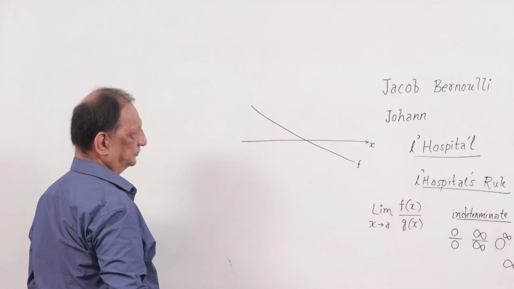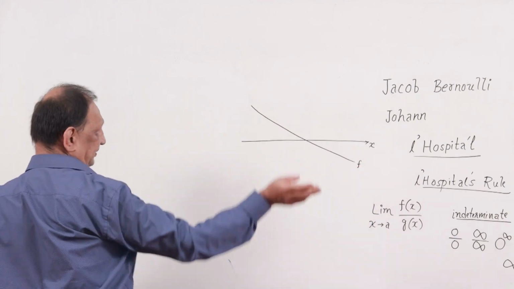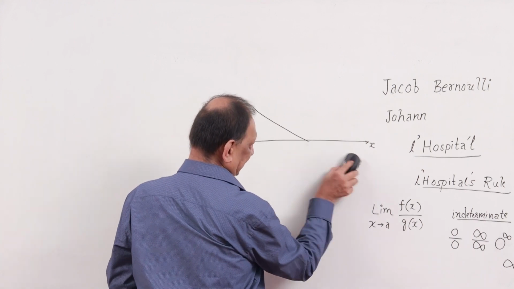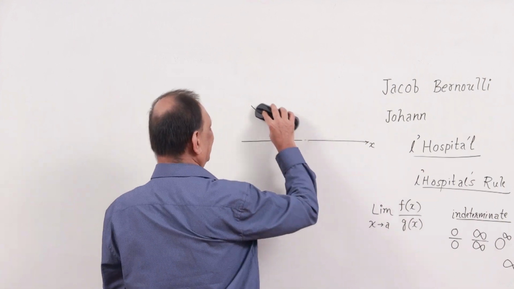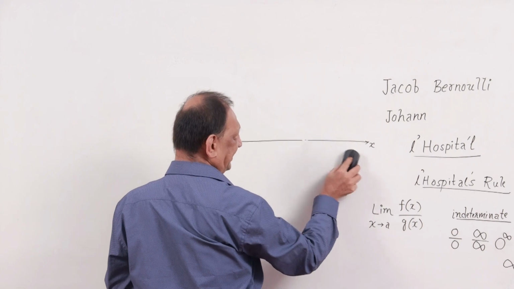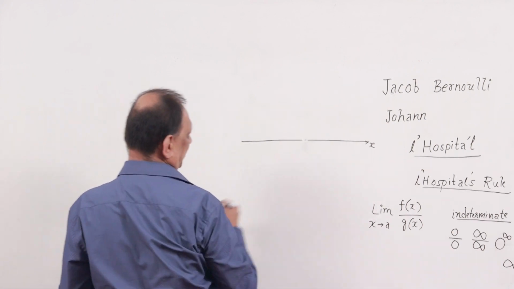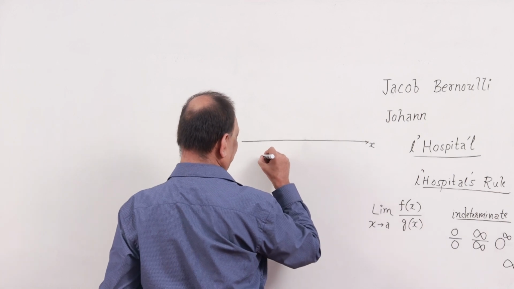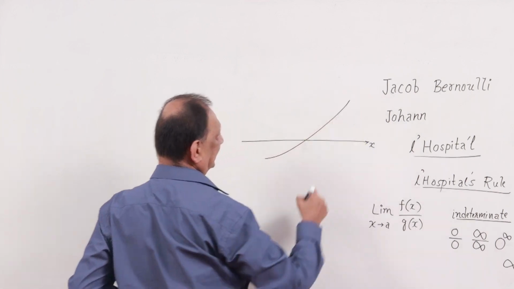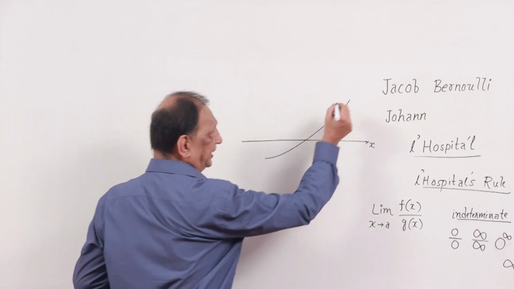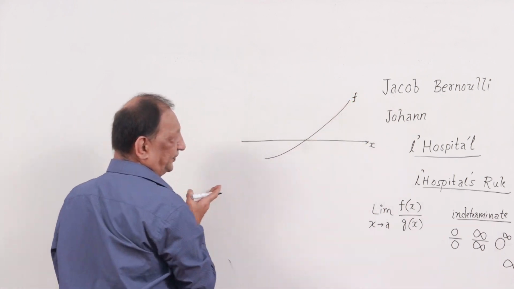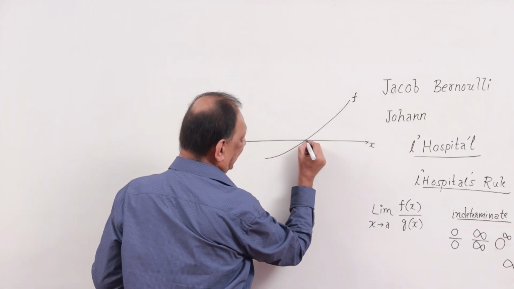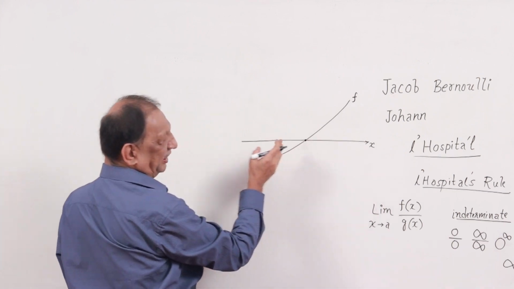I could have shown it the other way around. It doesn't matter actually, because the algebraic sign will take care of whether it is positive or negative. So just for simplicity, let me write a function f which is monotonically increasing, and at point A, the value becomes 0.